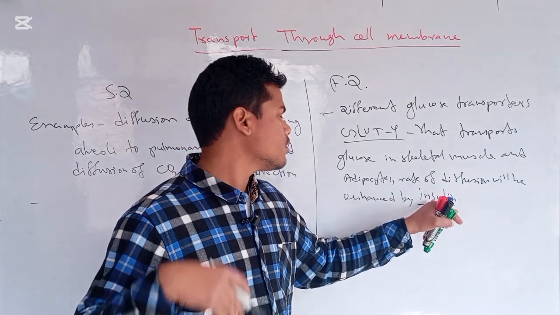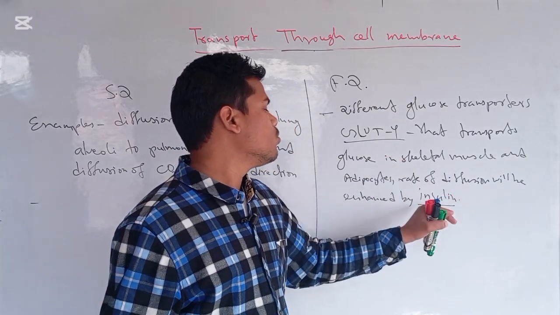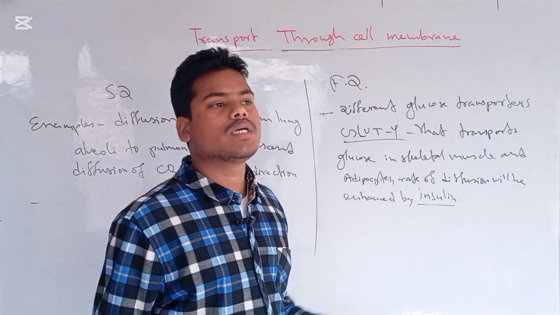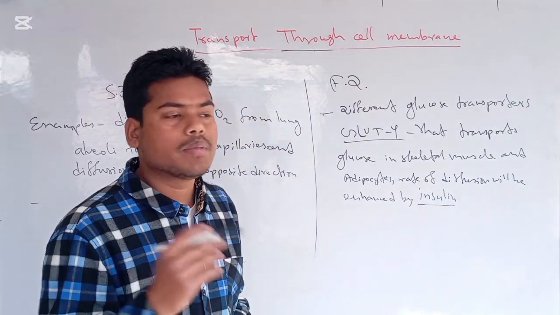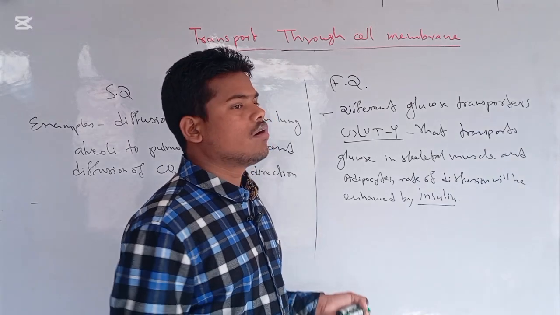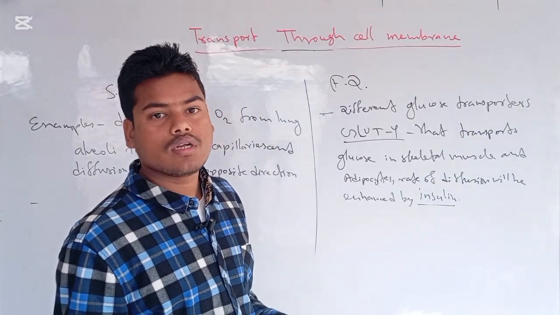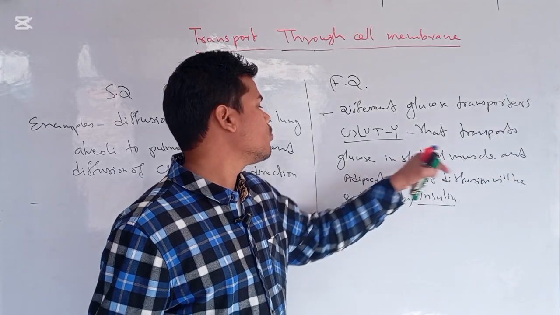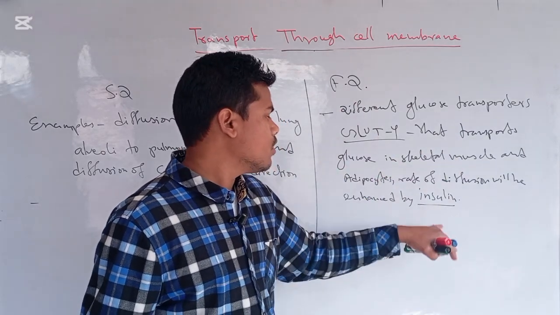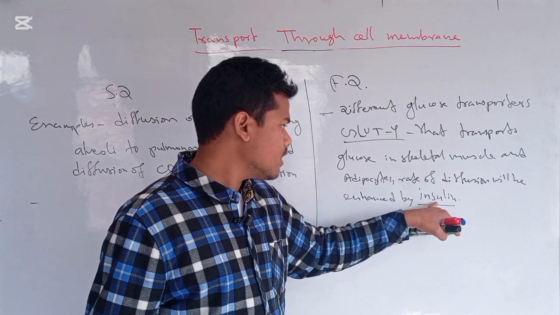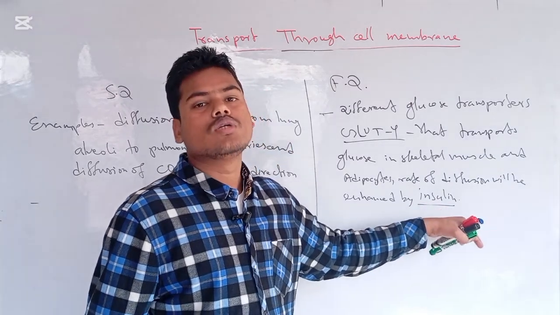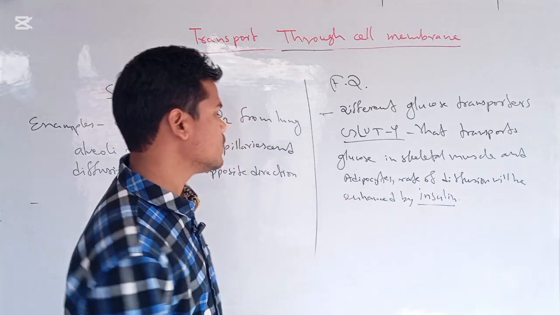That is, there is no need for insulin to be present for that uptake, like in brain, in kidney, in cardiac muscle. In those cases, glucose is taken up in the absence of insulin or irrespective of insulin presence or absence.